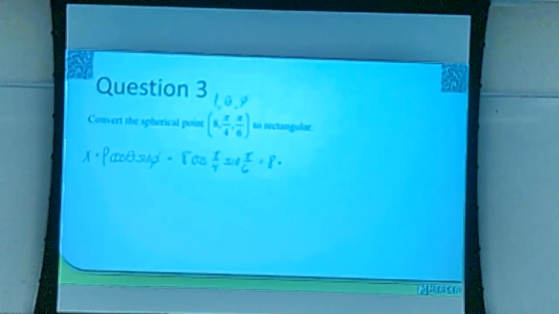Root 2 over 2. What's sine of pi over 6? Half. Real quick, what does that simplify to? Took too long. Two root two.